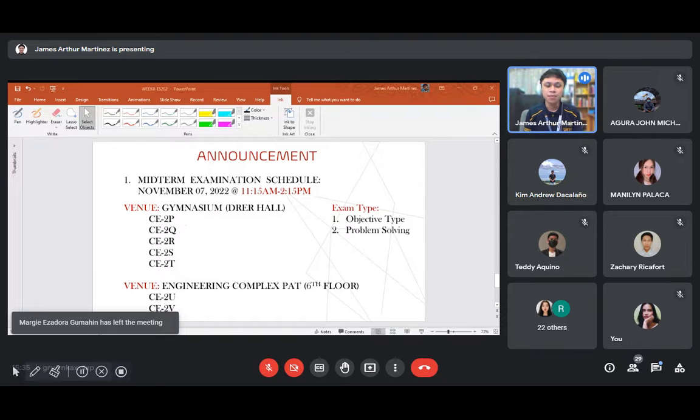Objective type means identification, multiple choice, true or false, those kinds of exams. Okay, so expect those types since they are included in our exam.